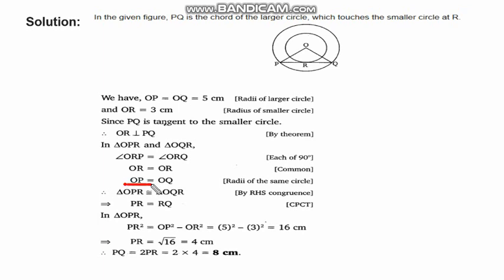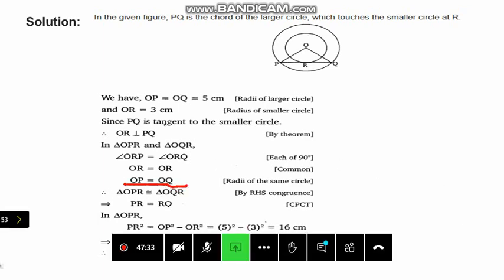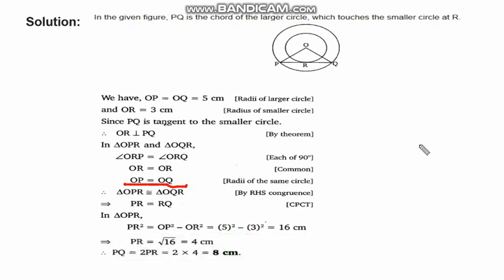So PO is equal to OQ, that is equal to 5 centimeter, the radius of the larger circle. Then the radius of the smaller circle, that is OR, is equal to 3 centimeter. Already it is given.